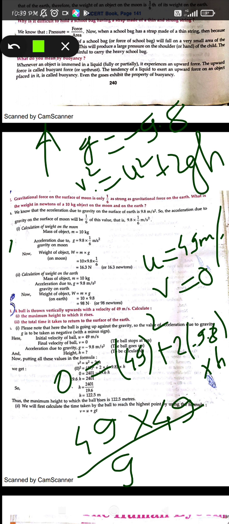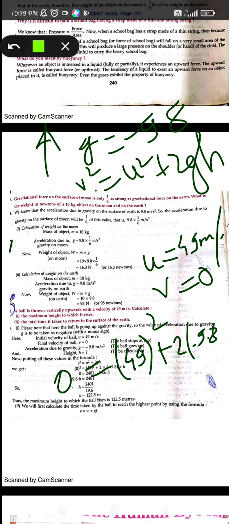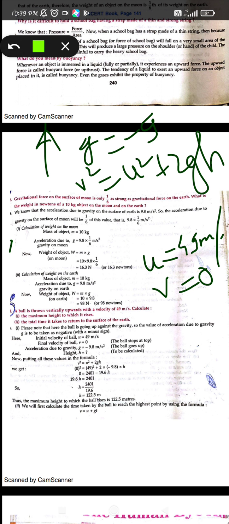That is the maximum height it can reach, 122.5 meters, and then it will come back with the velocity of gravity.